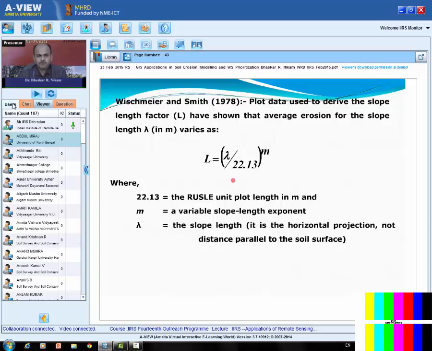Thousands of field plots were laid down and data was collected, and the length of those plots was 22.13. So the slope length factor tells us the slope length of your field with respect to the slope length of the original plot, and what effect it will have on your erosion. So I need to know the slope length.